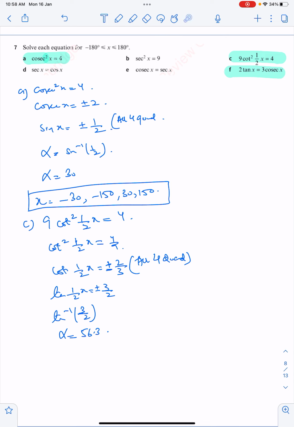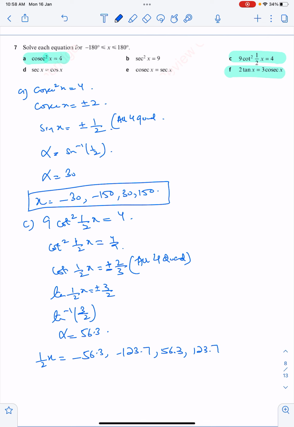Keeping in mind that you have to look for negative angles plus positive angles, on the negative side the answers for half x are minus 56.3 and 180 minus 56.3, which is 123.7 negative. On the positive side, it will be 56.3 and 123.7.